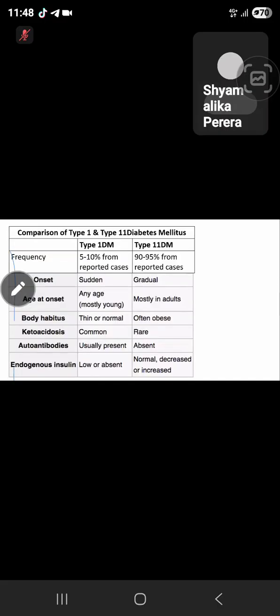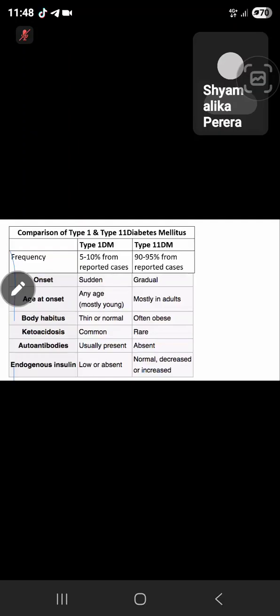This is the simple comparison of type 1 and type 2. The frequency: normally 5 to 10% of all reported cases are type 1, but more than 95% of reported cases are type 2 diabetes.